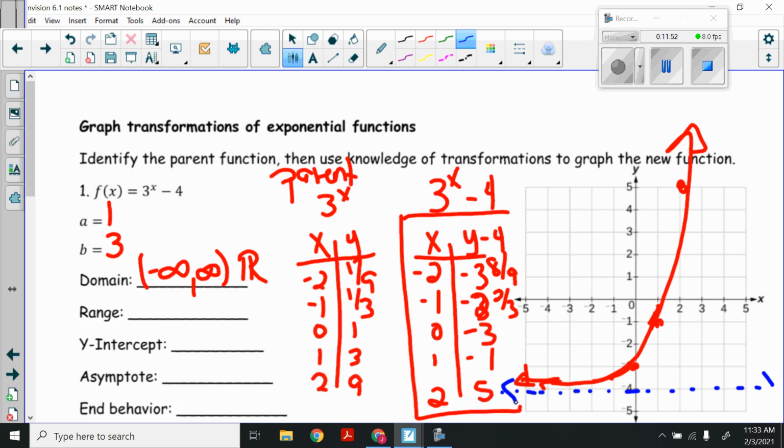This time I have some negative numbers and I have 0 as well. So my range is going to be from -4 to infinity, or y is greater than -4. My y-intercept was at 0, -3. My asymptote is now the line y equals -4.